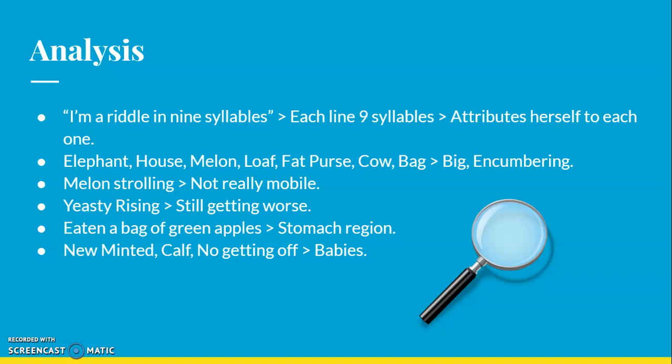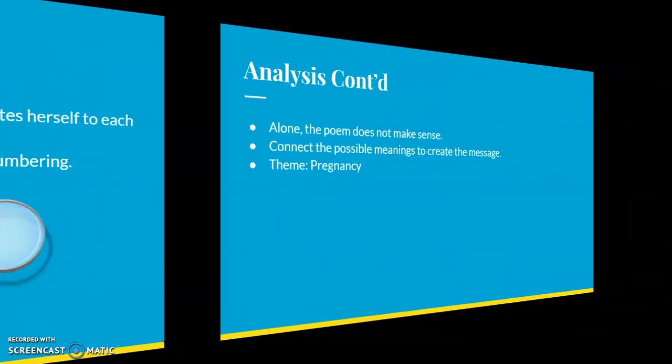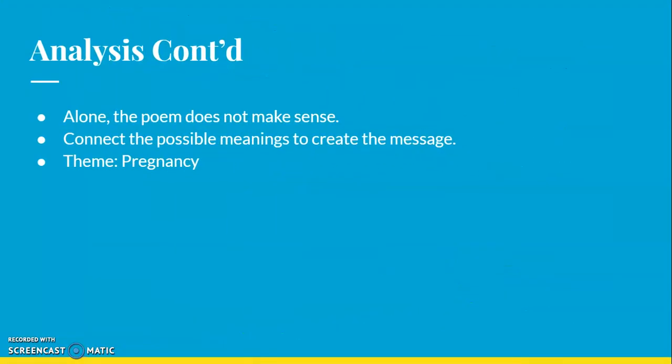The no getting off part means that you can't really leave them behind, or rather, this is a commitment. So, as a whole, from these connotations, we get the idea of food, maybe money, immobility, and commitment. From these, we're able to decipher the theme of the poem, which is pregnancy.